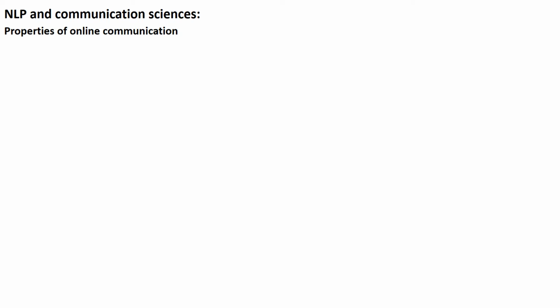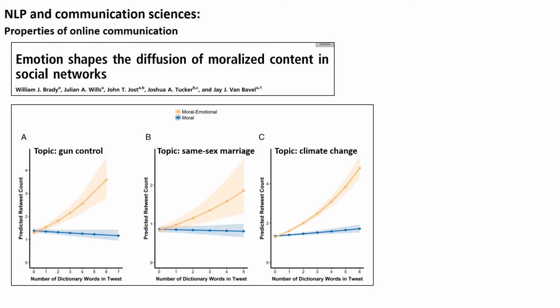Researchers can also use NLP to study how humans communicate, or more specifically, how humans communicate online. So this is a pretty interesting example. The researchers here collected a huge amount of tweets and checked those tweets for moral emotional words. Those are words with a heavy emotional valence that refer to our moral intuitions, in other words, what we think is wrong versus right.